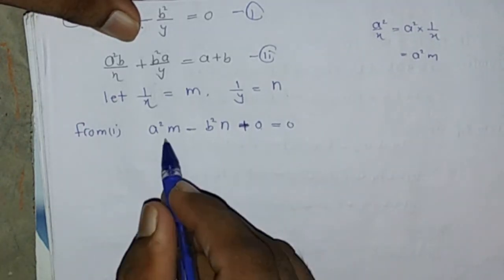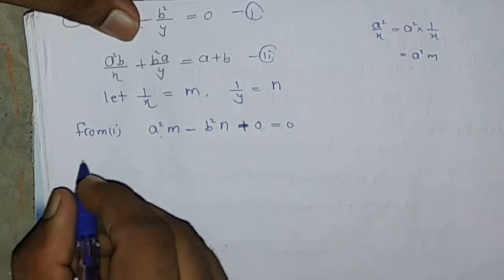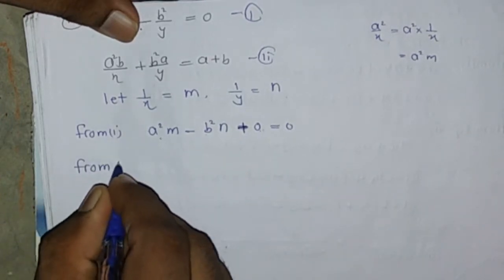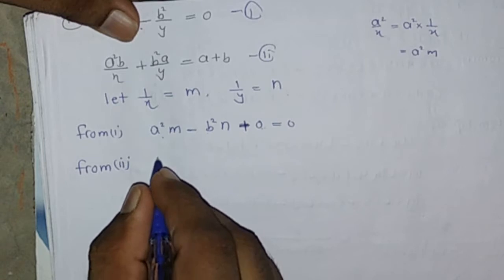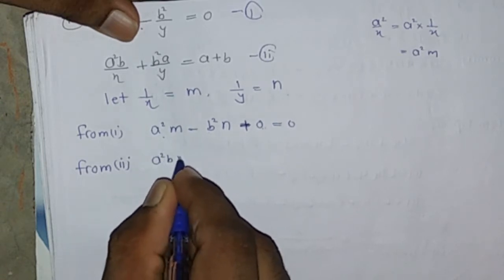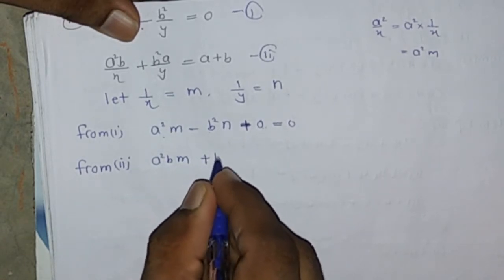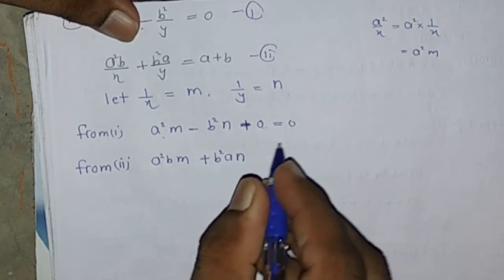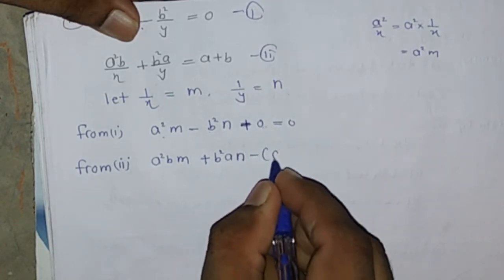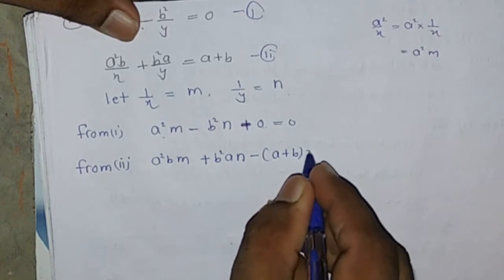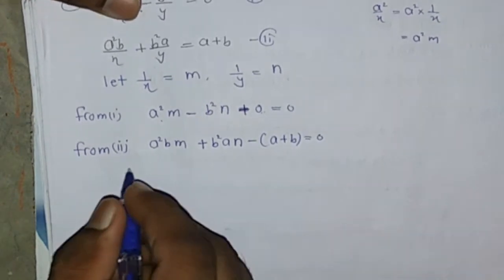It is A1, B1, C1. From second, we have a square b m plus b square a n minus a plus b, it is C2.